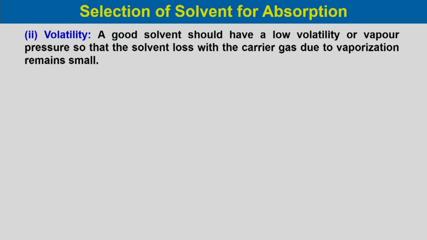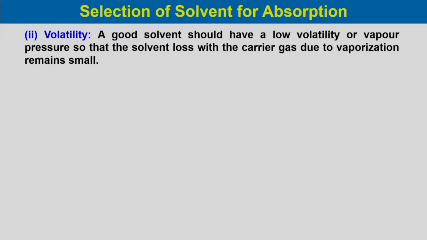The second property which we look for, a good solvent should have low volatility or vapor pressure, so that the solvent loss with the carrier gas due to vaporization remains small. Basically, if the vapor pressure of the solvent is low, it particularly helps when we regenerate the solvent in the stripper.